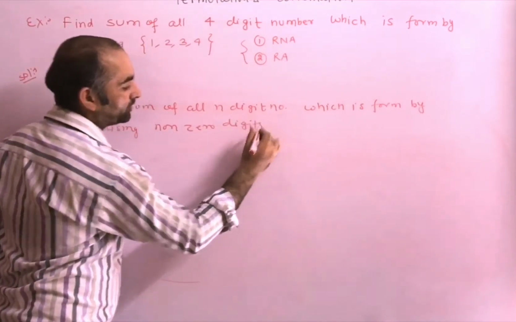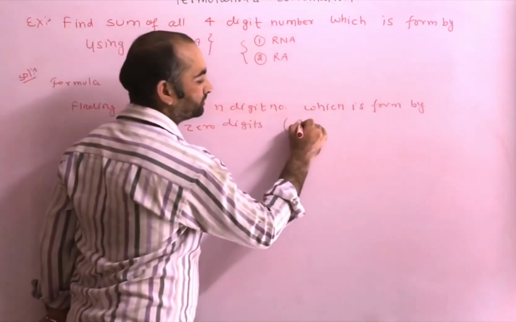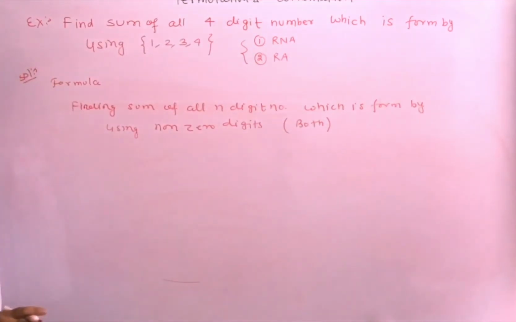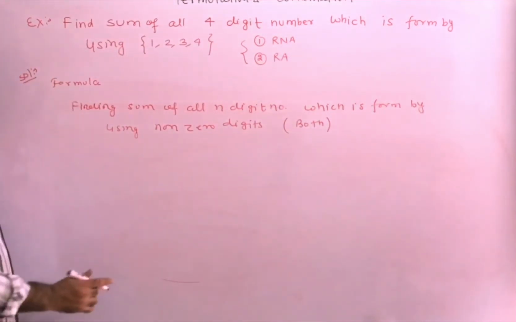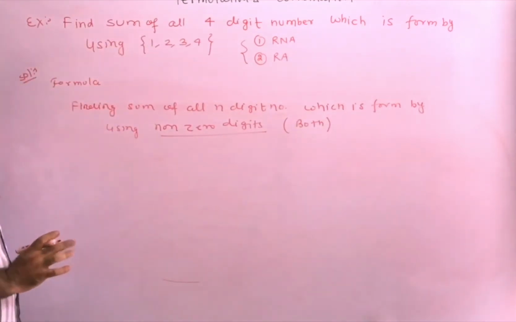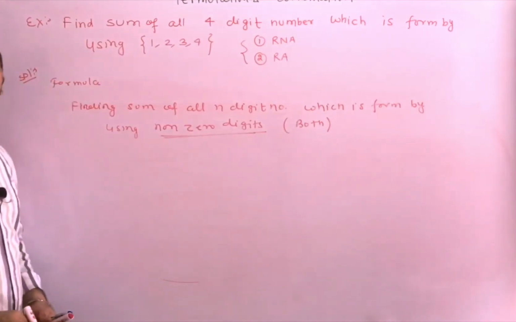This formula whatever I will give is valid for both, repetition allowed and repetition not allowed. And this thing is very important: we are taking all the digits as non-zero. This formula is valid for non-zero digits only. If zero is included, then we have to modify this formula.